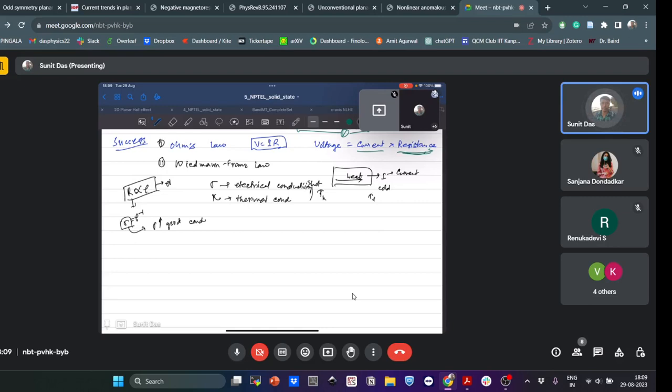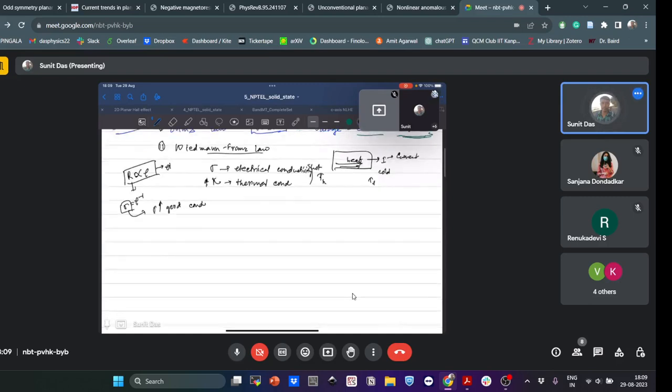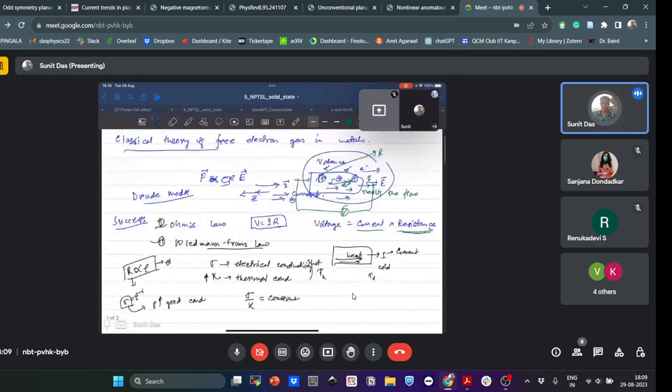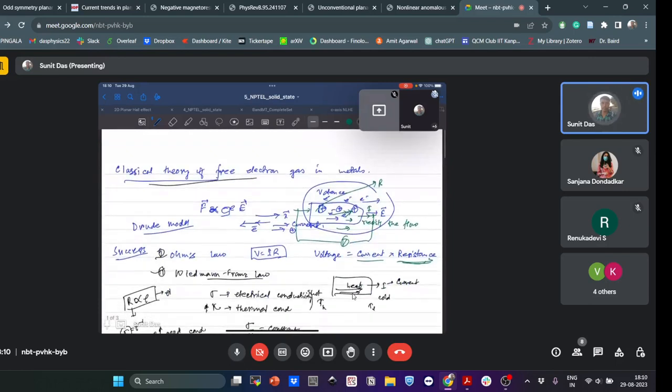Similarly, if thermal conductivity is high, then the metal also transfers heat very easily. And the Wiedemann-Franz law says that the ratio of sigma by kappa is constant for a metal. So these are two major successes of this classical theory of free electron gas.